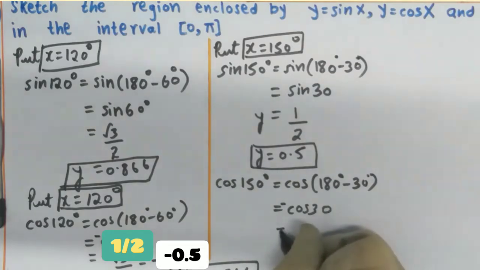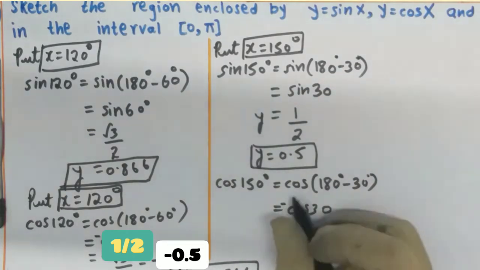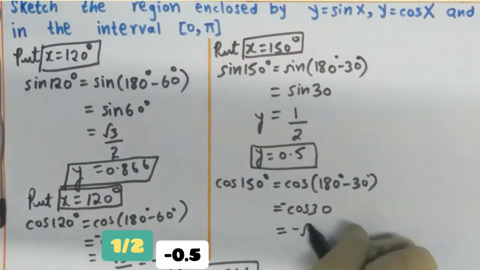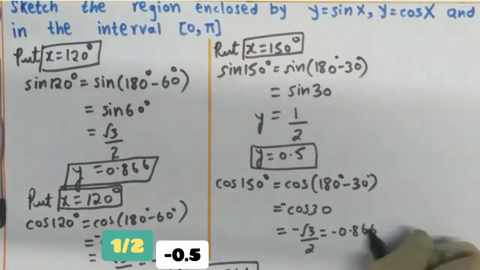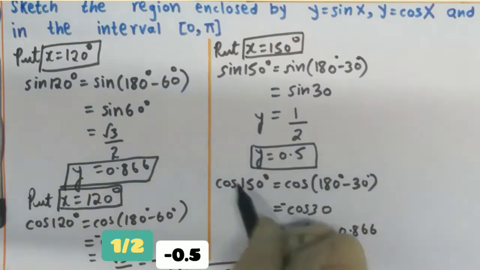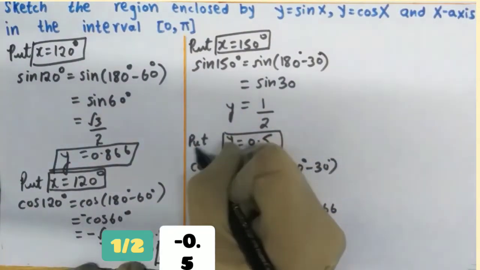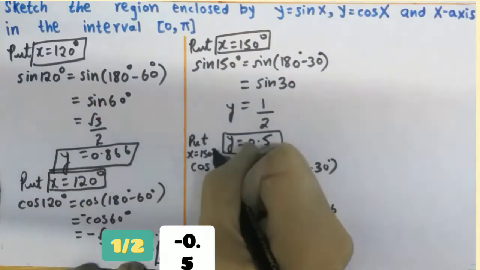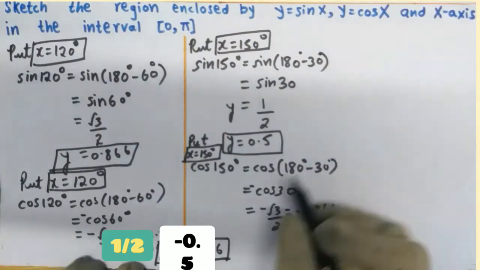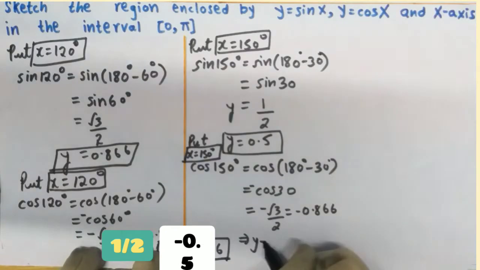We know cos 30 is root 3 by 2. So we have minus 0.866. So we got when x is 150 degrees, y is equal to minus 0.866.